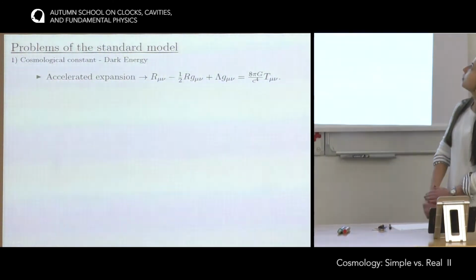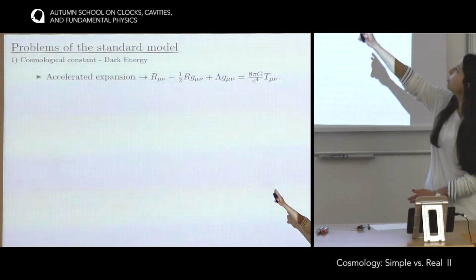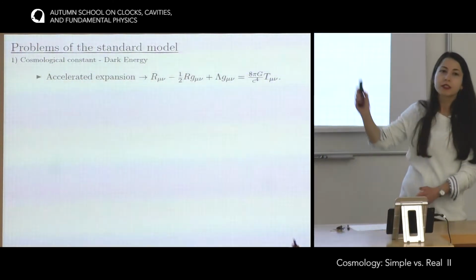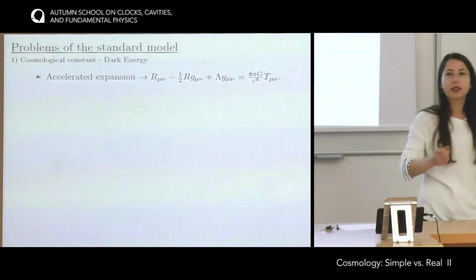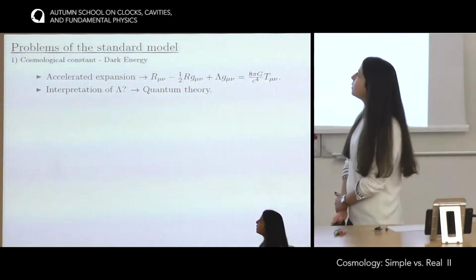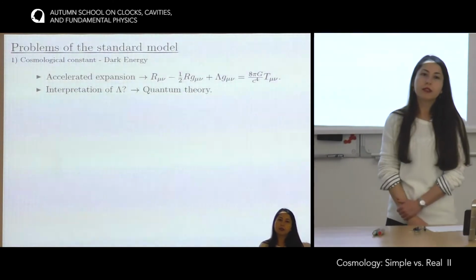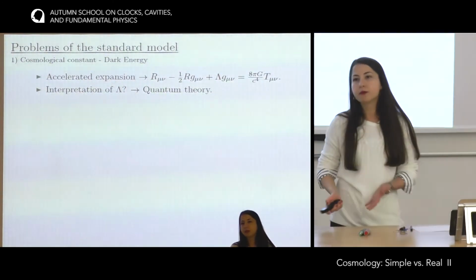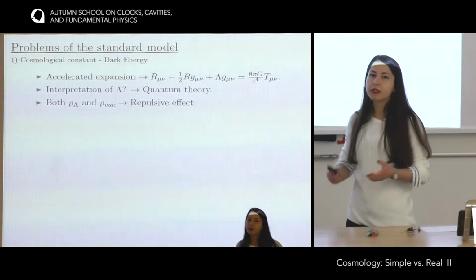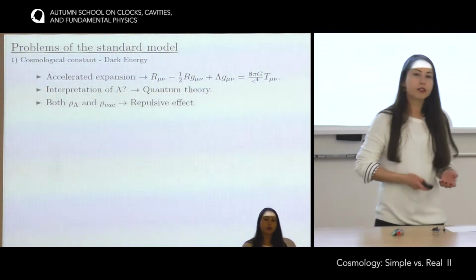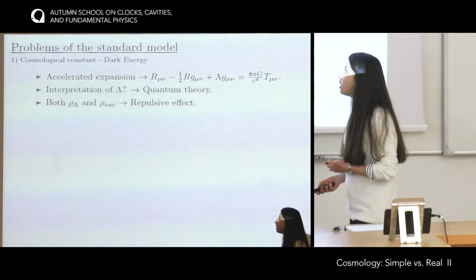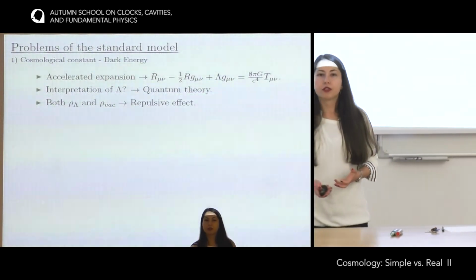So as you remember, we modified the Einstein field equations by introducing a scalar field to mimic this accelerated expansion of the universe. And the interpretation of this lambda initially came from the quantum theory, because the physical effect of this cosmological constant and the vacuum energy is repulsive in nature.